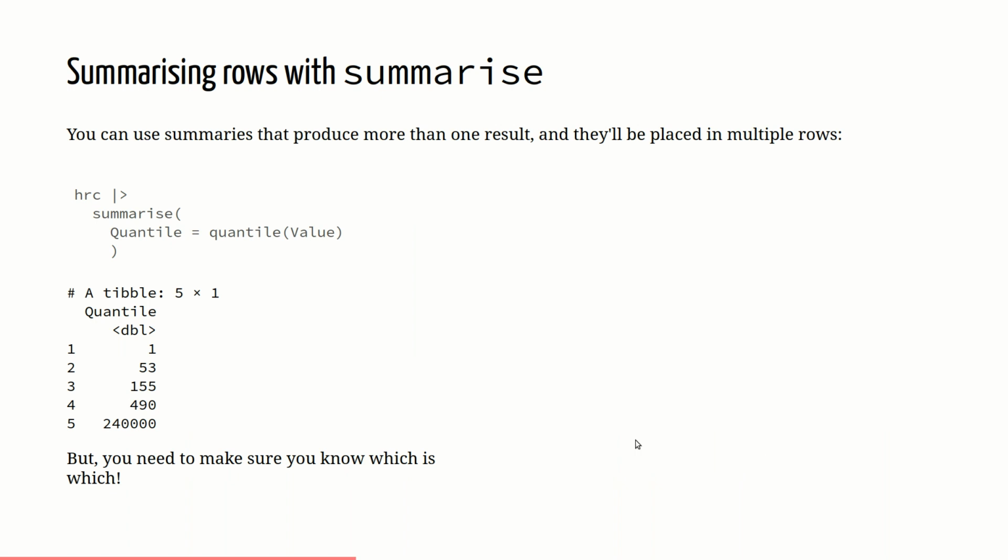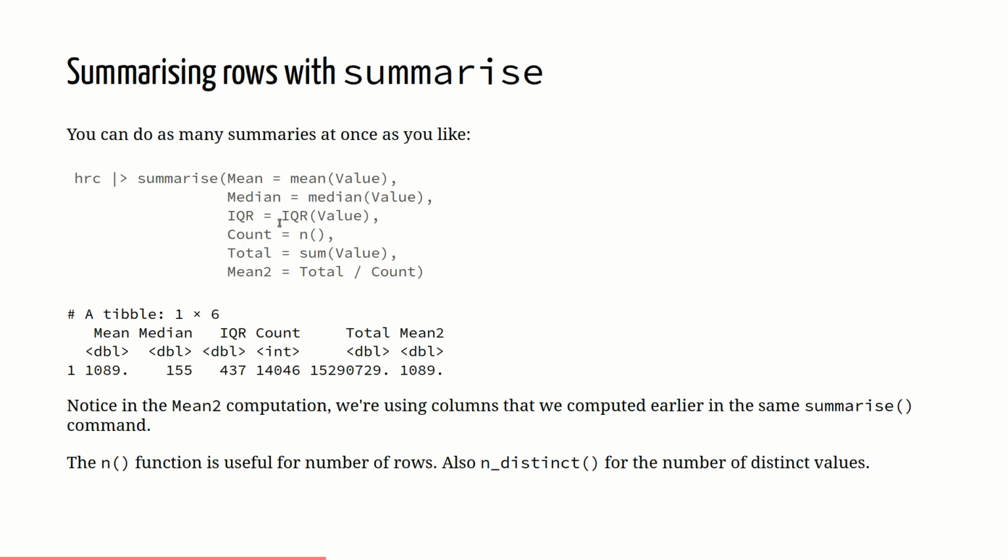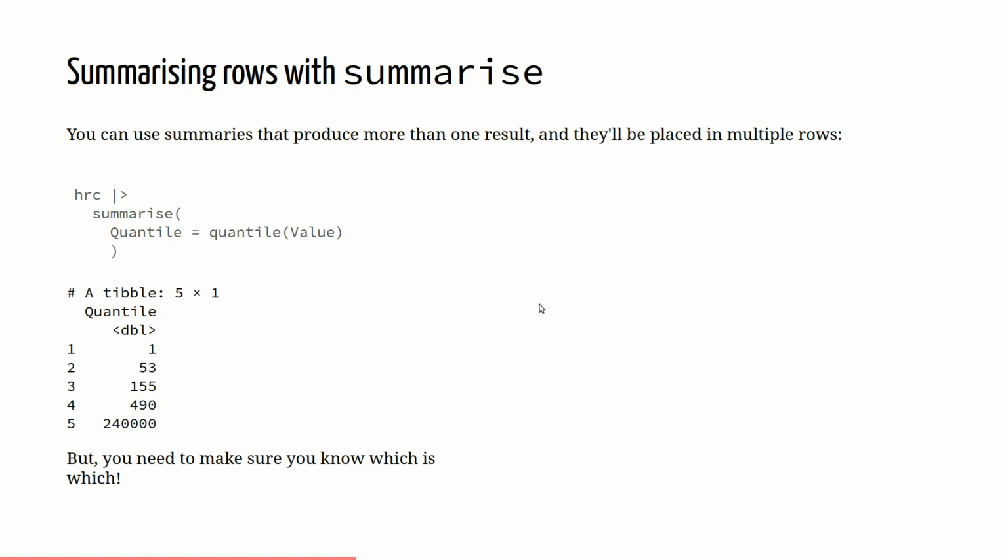Now we can use summaries, so these summaries here each produce a single result. So we've got a single row. We can use summaries that produce multiple rows, such as this one here. So the quantile function by default will produce the 0th, 25th, 50th, 75th and 100th percentile or quantiles. So that's the minimum, lower quartile, median, upper quartile and maximum.